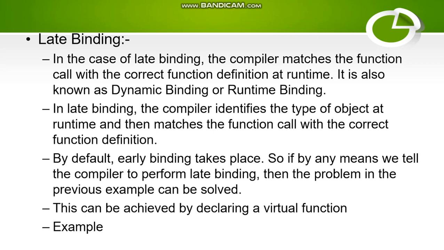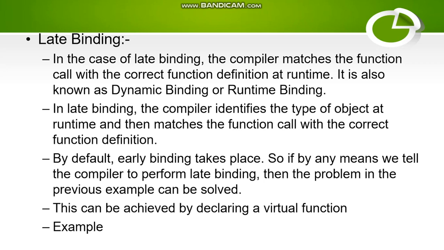It is also called dynamic binding or runtime binding. In late binding, the compiler identifies the type of the object at runtime and then matches the function call with the correct function definition. By default, early binding takes place.